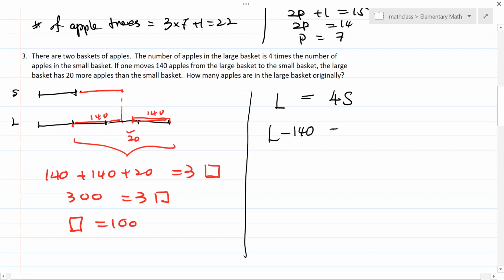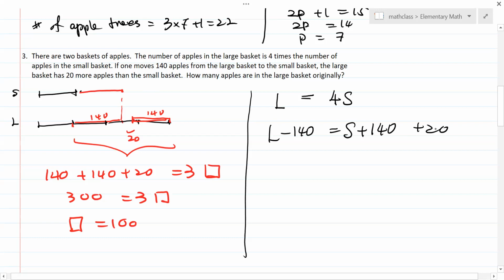The second sentence says the small one you get 140, right? But the sentence says that the number of apples in the large basket now is 20 more than the number of apples in the small basket. You have to still have added 20, right? So that is the equation.